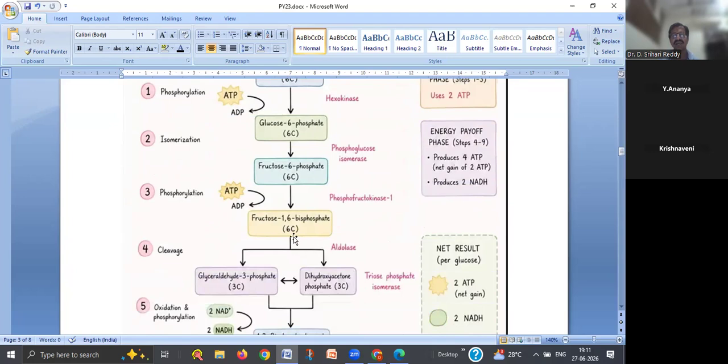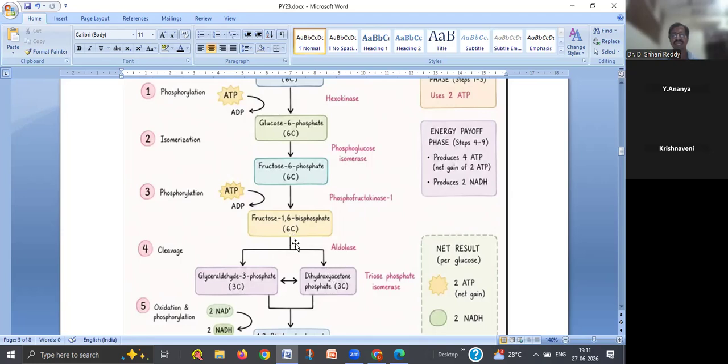And next here we see the aldolase. Aldolase is involved in the reaction here: fructose 1,6-bisphosphate is cleaved into two compounds. Fructose 1,6-bisphosphate is a 6-carbon compound.